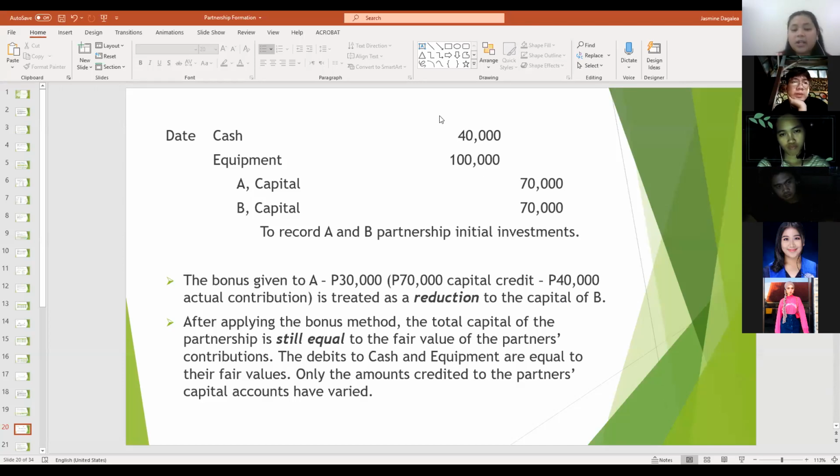So, hindi nyo i-adjust yung amounts ng cash and equipment. I-adjust nyo lang yung capital, share of the capital between partners. So, yung amount ng cash as is and equipment as is 100K. I-divide nyo lang siya 50-50 sa capital credits of each partners. Yan. Clear ba? Nagets nyo ba yung concept ng bonus method?